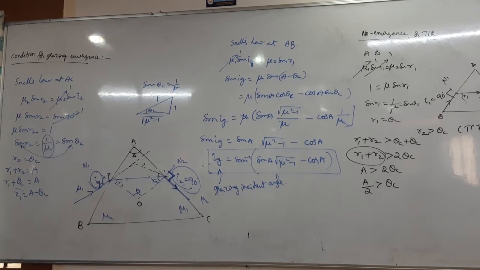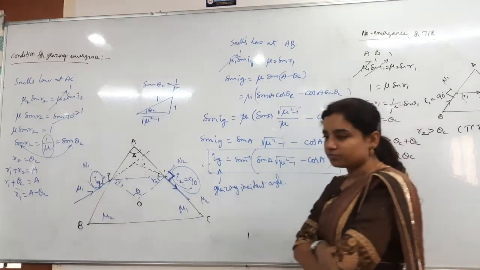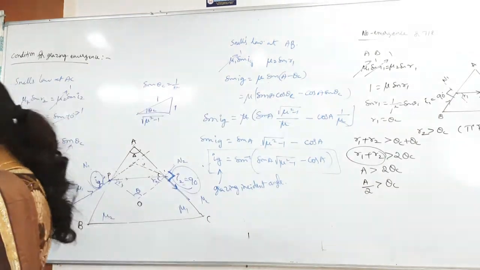To not emerge the ray from the second face AC, to not emerge the ray at second face AC, the angle of incidence on AB should be equal to 90 degrees. That is I1 is equal to 90.